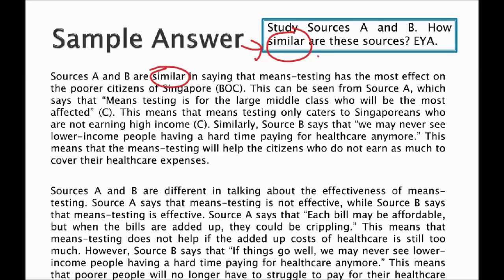This question requires you to have 2 points of view, so you need to have paragraph 2 as different. If the question is how different are these sources, please switch these 2 paragraphs over. Start with sources A and B are different in your first paragraph. Address the question first, always.